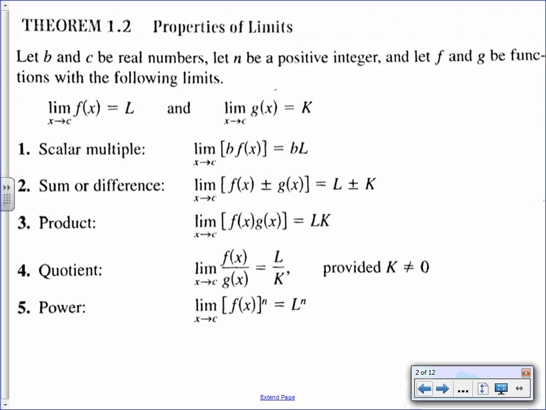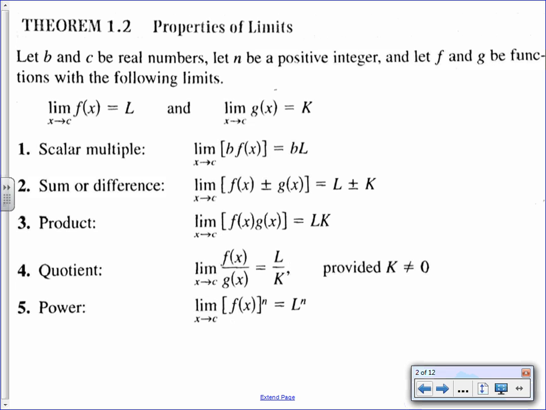So you can do it before, you can do it after. Having a scalar multiple in front of our function, you can evaluate the limit of f and then multiply it by the scalar. It means the same thing, whether it's inside or outside.